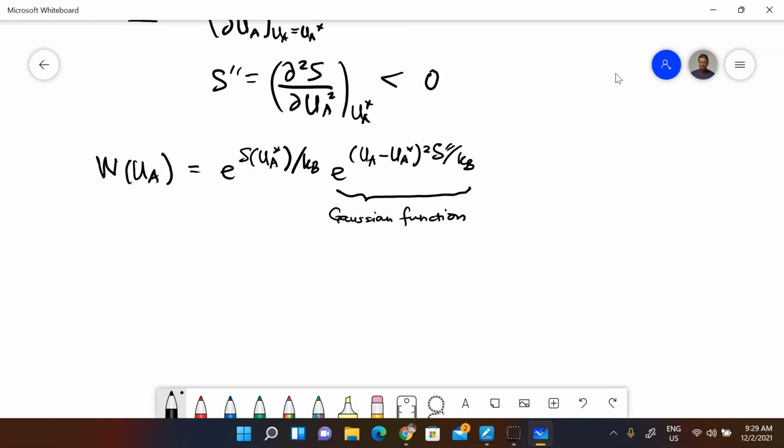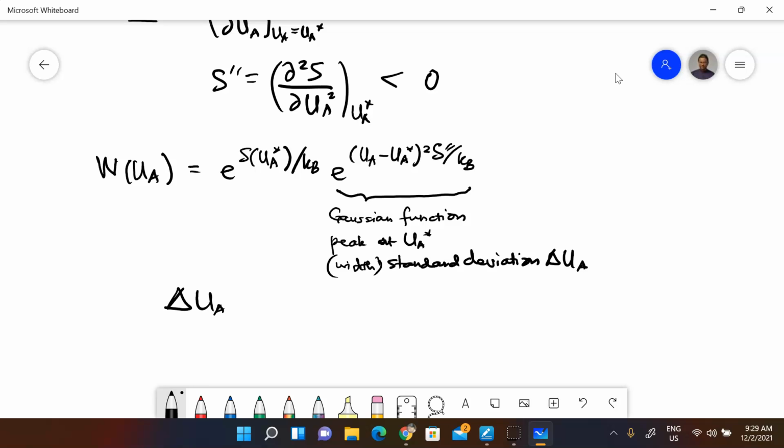The peak is at U_A star, and it will have some kind of width, or I should say the standard deviation, given by, let me write the symbol first, delta U_A, where delta U_A is essentially the reciprocal thing.